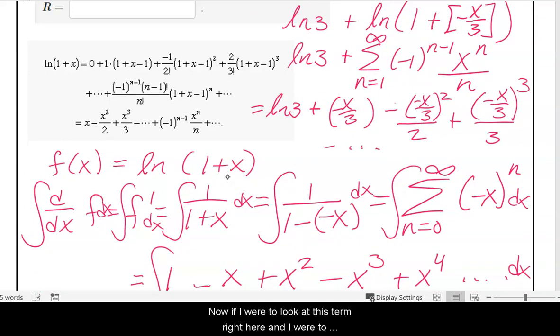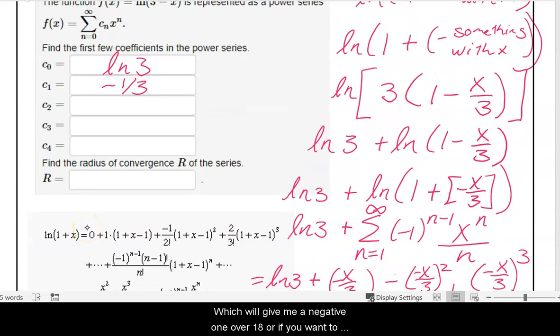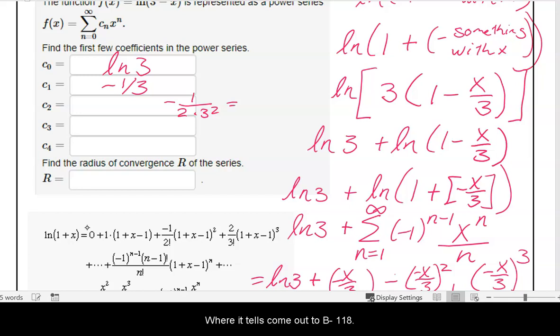Now, if I were to look at this term right here, and I were to simplify that, when I square the negative x over 3, the negative goes away and I get 1/9, and then I have to multiply it by a negative 1/2, which will give me a negative 1 over 18, or if you want to leave the fractions there, I get a negative 1 over 2 times 3 squared. It does come out to be negative 1/18, but again, if you multiply those out, you're going to lose the pattern.